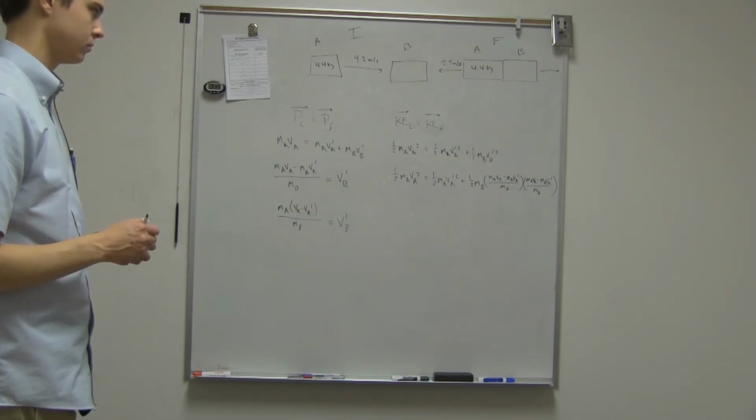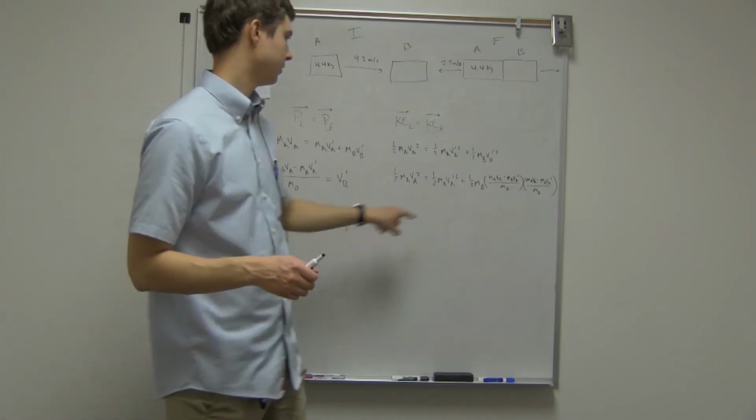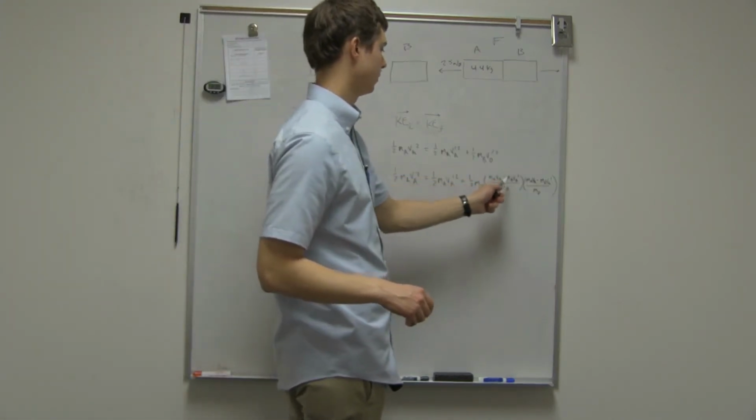Okay, so that last step was just substituting this out for VB prime squared, and that's why I wrote it twice.